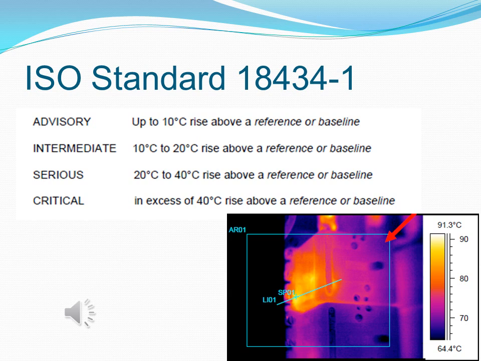But from 10 up to 20 Celsius, or twice the temperature rise, the issue is classed as intermediate. This is becoming more of a problem. And remember, the time will be reduced moving from one to another, even though it doubles, and then it doubles again. So from 20 to 40, again double the previous rise, this issue would be classed as a serious issue to be dealt with.